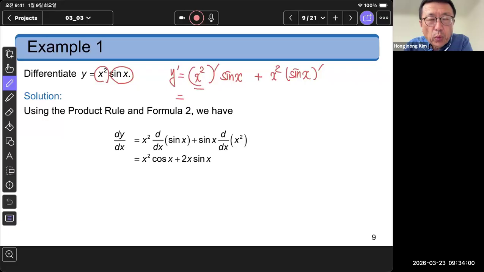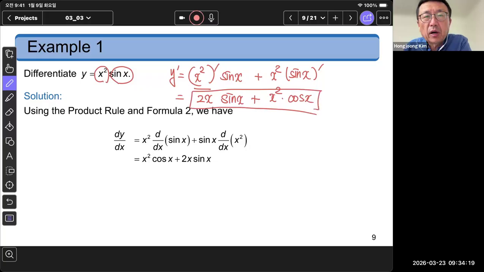When x squared is differentiated, you get 2x, multiplied by sine x. And then x squared is unchanged, and sine x is differentiated. When sine x is differentiated, you get cosine x. So that is the final result of the differentiation. Please remember this.